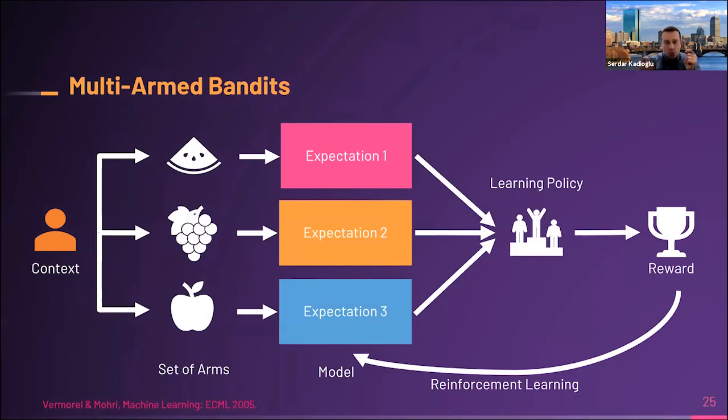So the choice between different arms, different options, depends on your past experience. So that's the learning bit, as well as the particular situation, the context, your mood of the day that you are currently in. Upon making a decision, you see the reward of that decision, and that feedback loop takes that reward back into the system to revise your expectations to make next decisions.